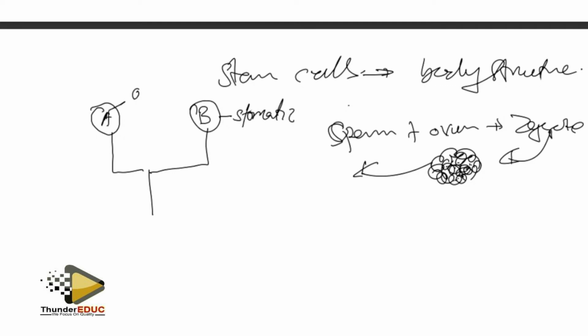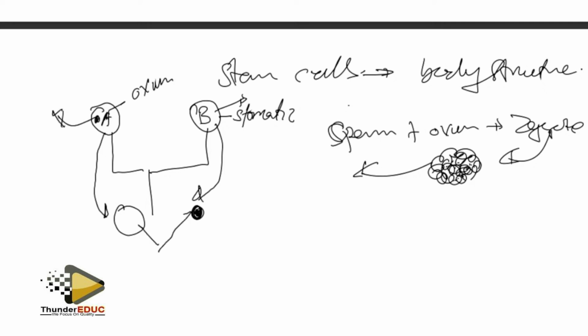And then this one I get from an ovum. What I do, I remove the nucleus of this, and I go with the nucleus. I throw away this shell. Here, I go with the shell, but I throw away the nucleus.